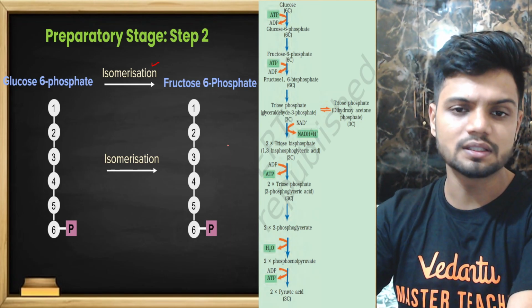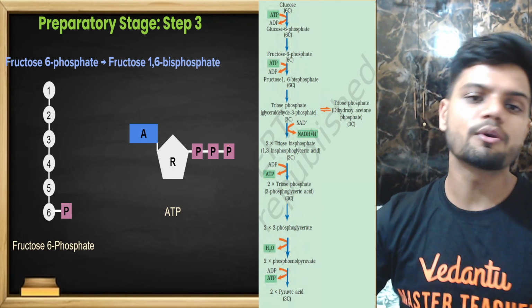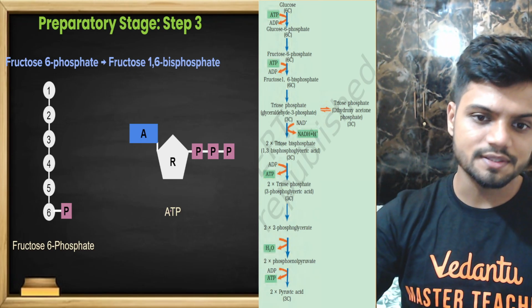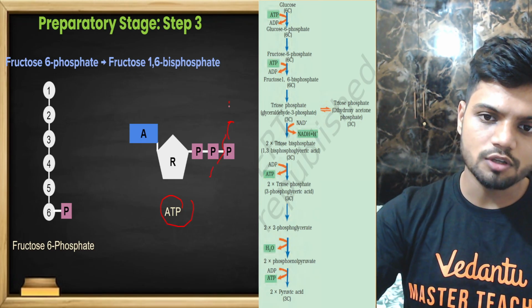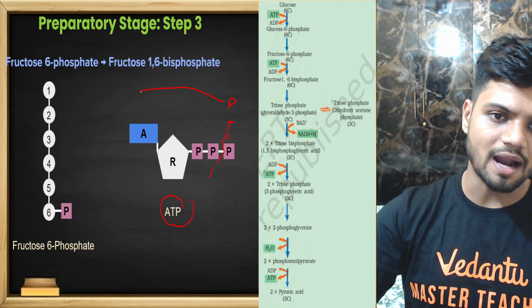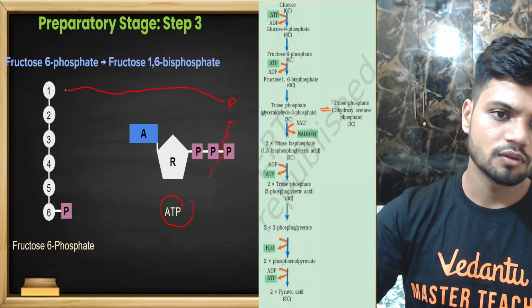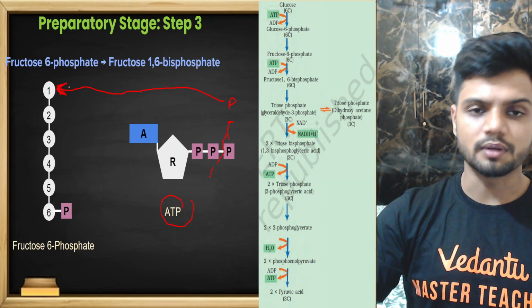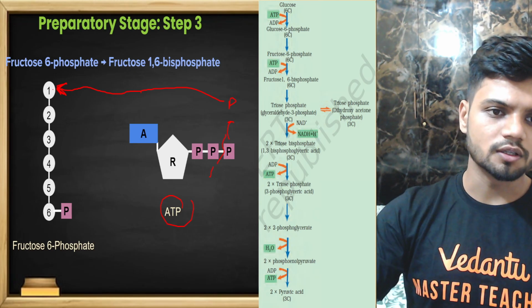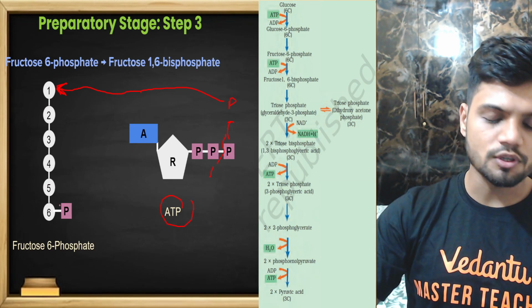Isomerization is happening in the second step. The third step, what is happening? Again, in the third step also, one ATP is here. This bond is broken, this phosphate is free, and this phosphate is added to the first carbon. Before, it was fructose 6-phosphate.